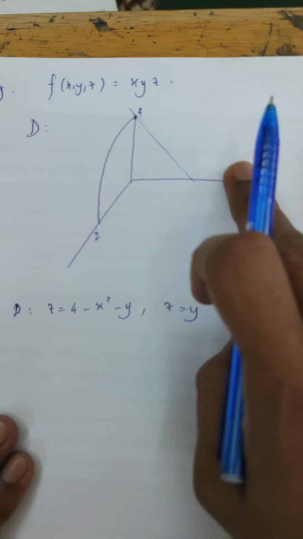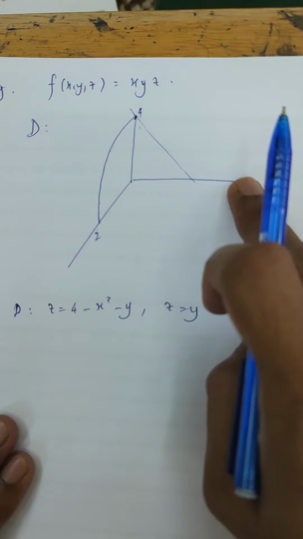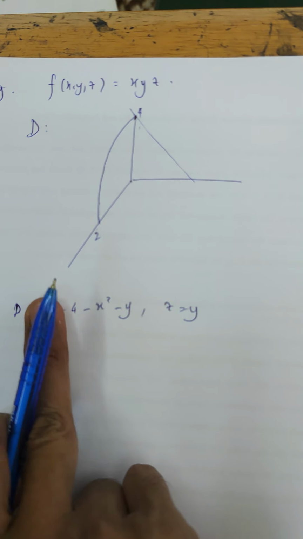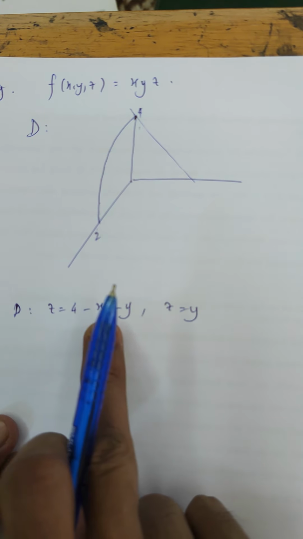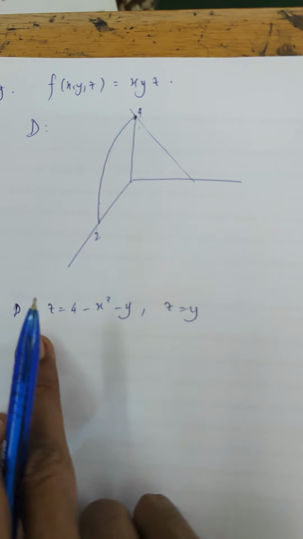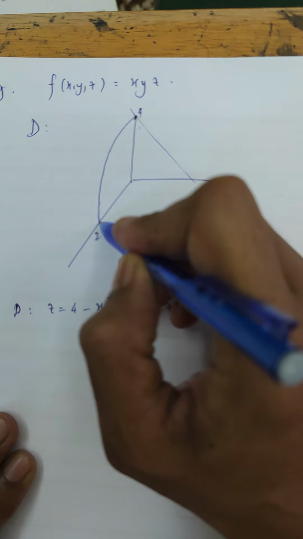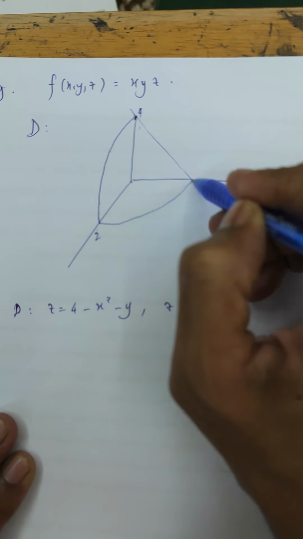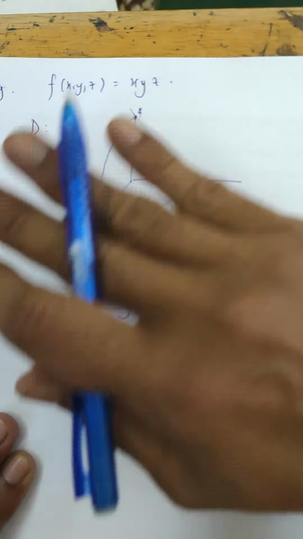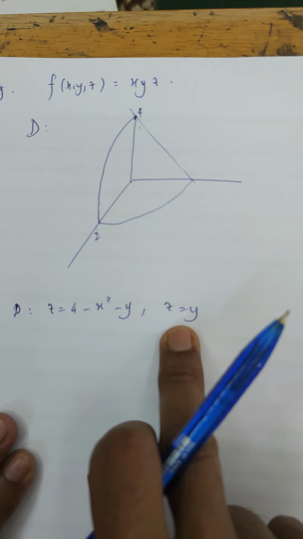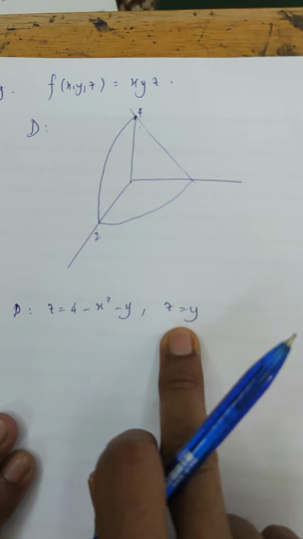You can also have the xy plane, where z is 0, so we have y equal to 4 minus x squared again. So basically we have something like that, that's your surface, cut by z equal to y.